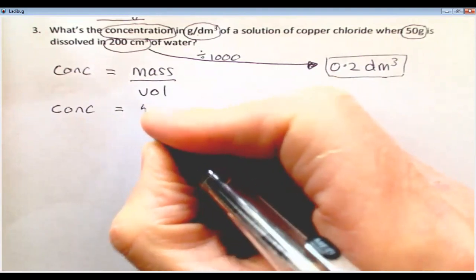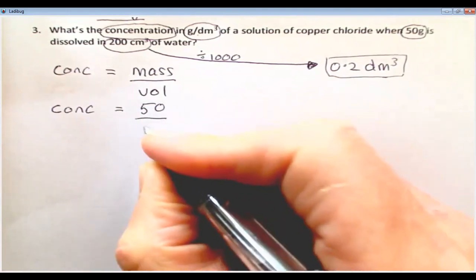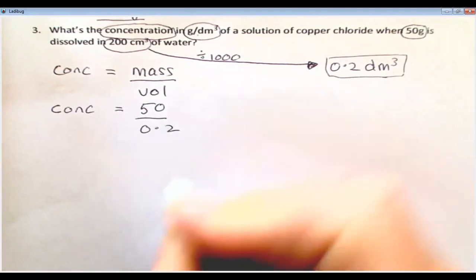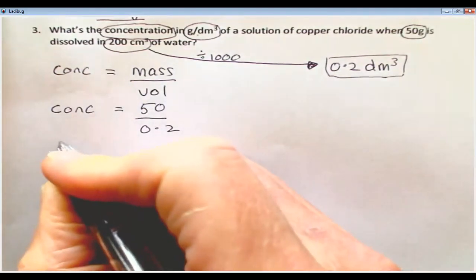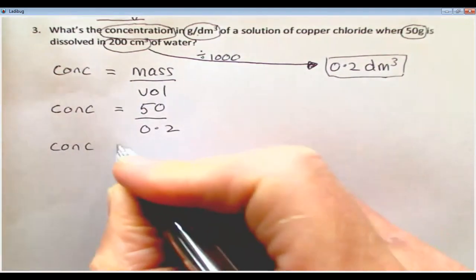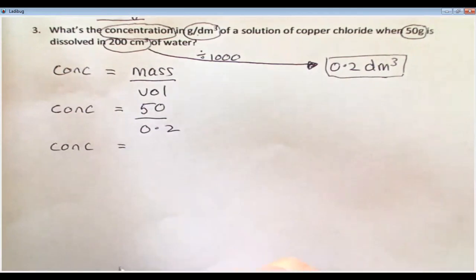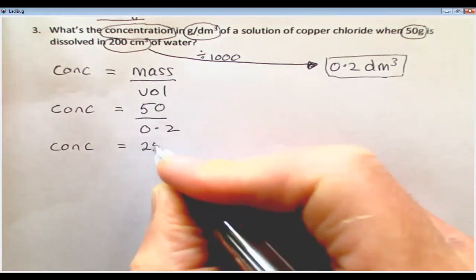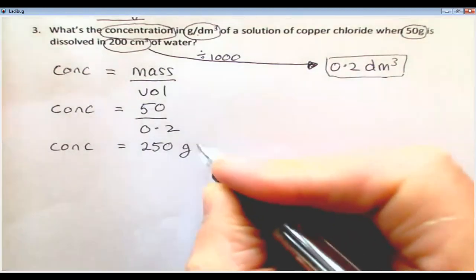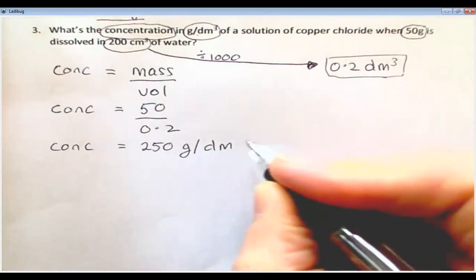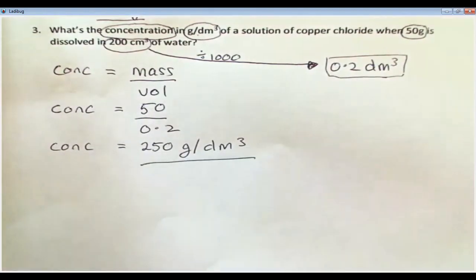So it is 50 divided by 0.2. So conc equals 250 grams per decimeter cubed.